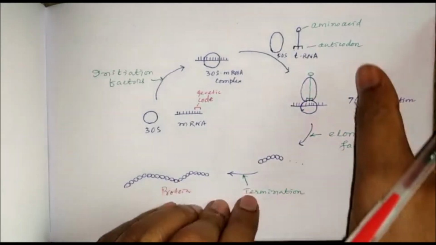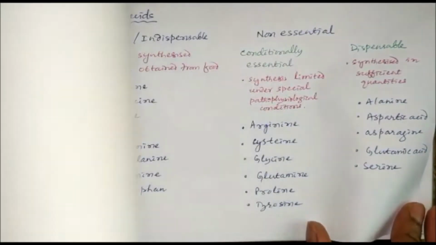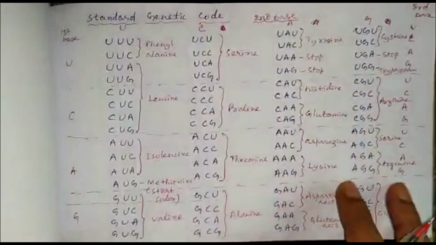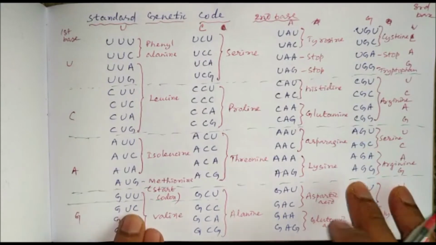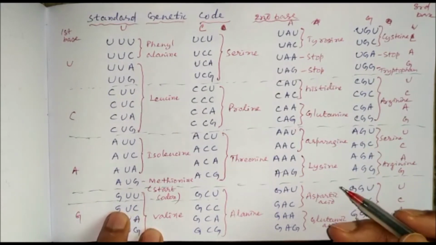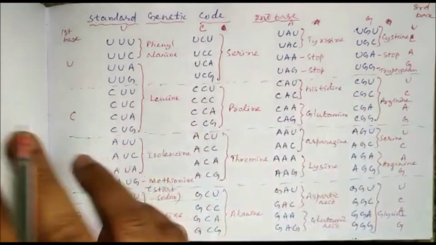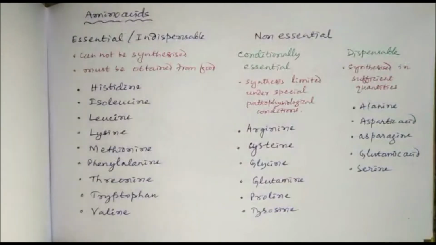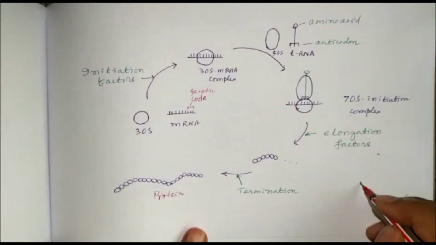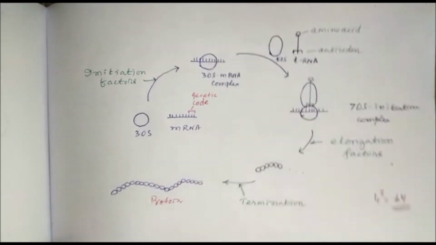So how does this occur? We know there are four bases. In RNA we have A, U, C, G. Four bases taken three at a time produce 4 to the power 3, which is 64. So there will be 64 codons.